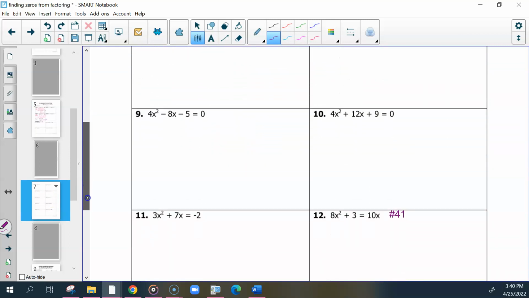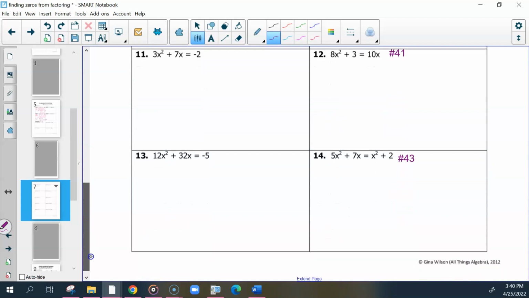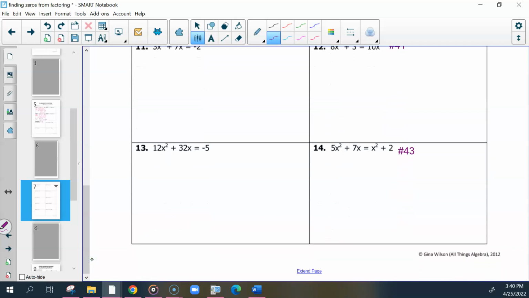Just gonna do one more of these types and then show you something else very briefly. For number 14, if I had something like this, you still need to get everything to the same side. So since moving the x squared over here would still make this a positive first term, I'm going to do that.